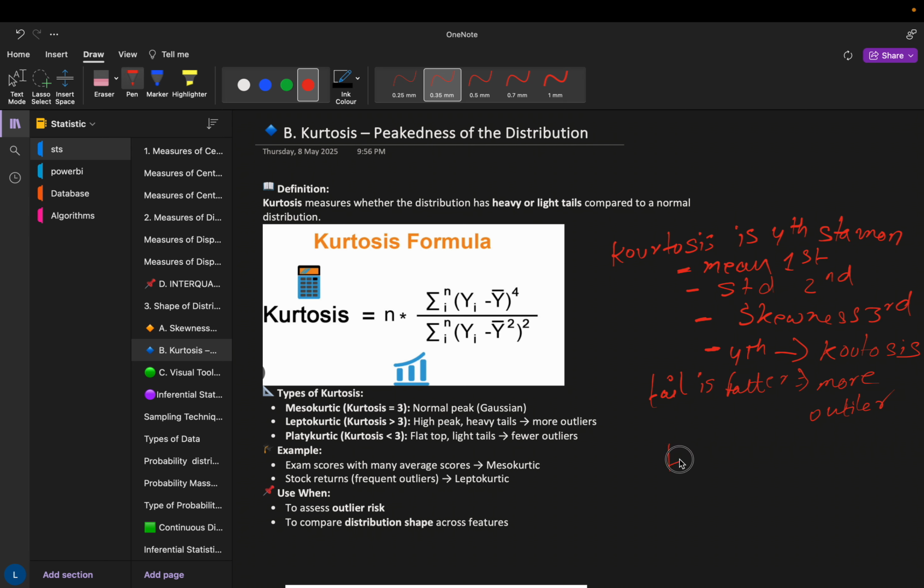When the tail is thinner, then it normally represents fewer outliers or less risk. All right. As you have already understood, kurtosis is all about measuring whether the distribution has a heavy or lighter tail.